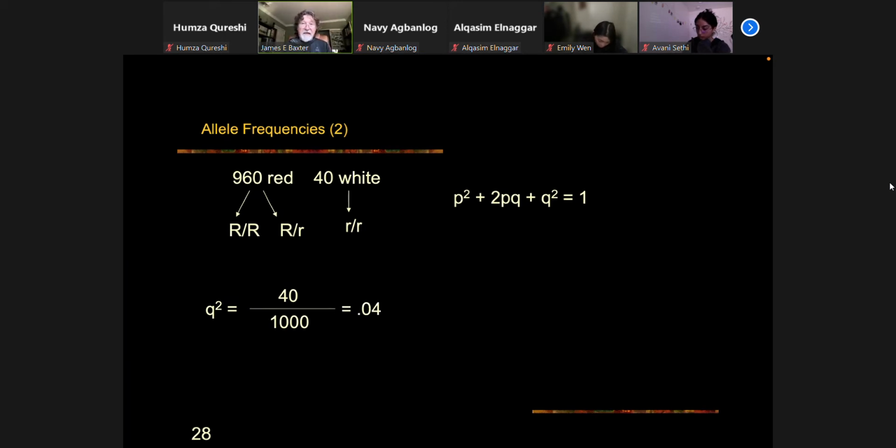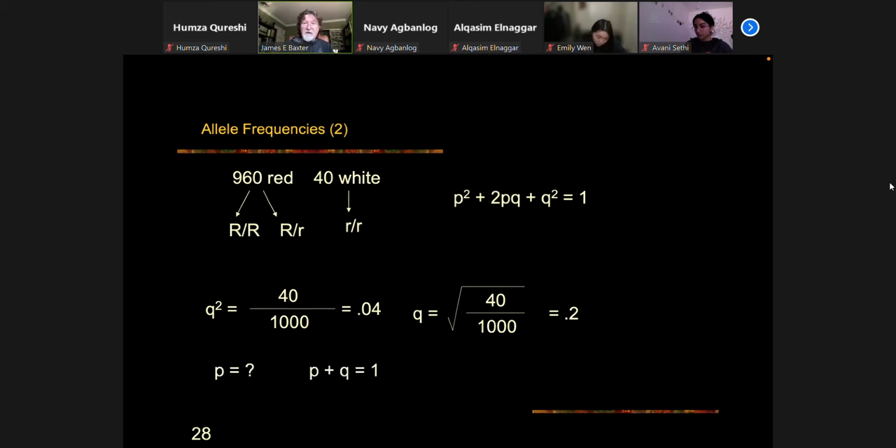How do we get to Q? What can we do to figure out what Q is? Take the square root. So Q is equal to the square root of 0.04, and that turns out to be 0.2. Okay, so now we've figured out the allele frequency for the recessive allele. How do we figure out P?